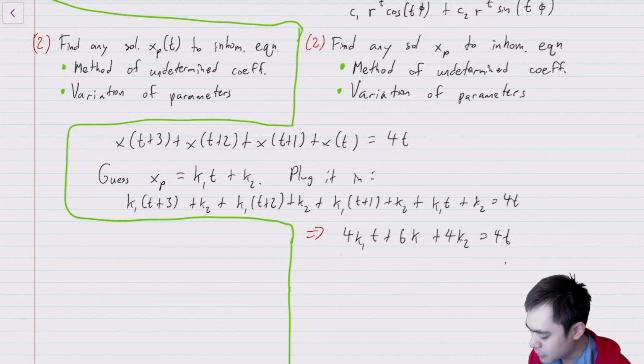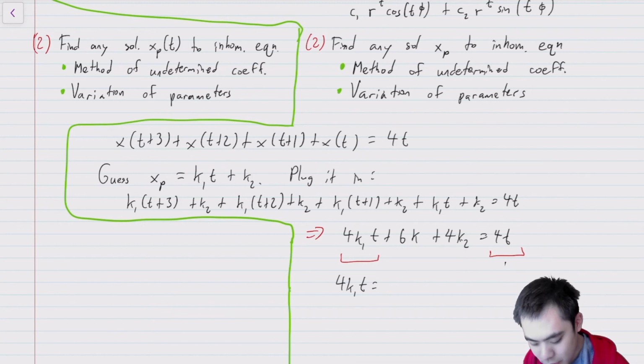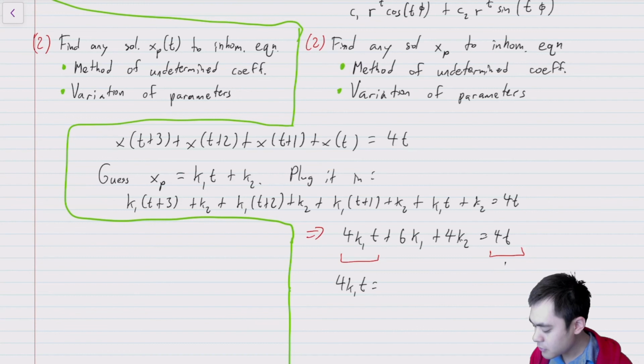We have this 4k1t, and we have 4t, which implies that k1 is equal to 1.